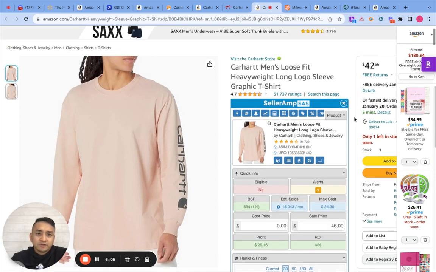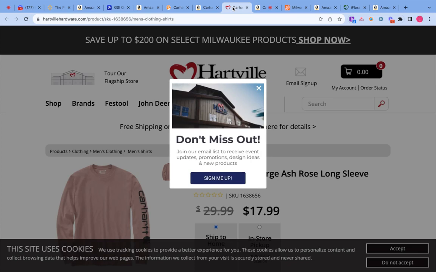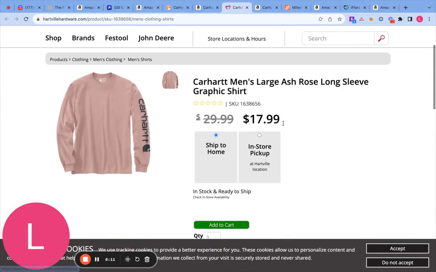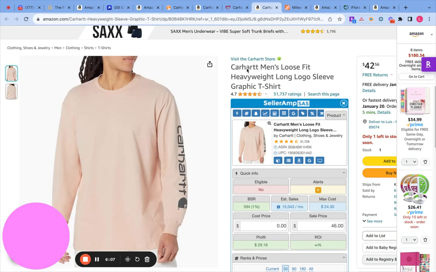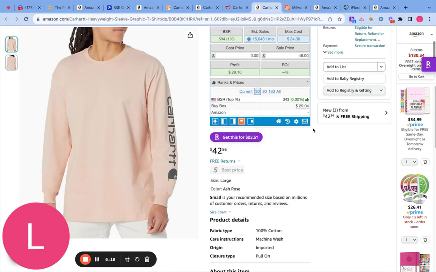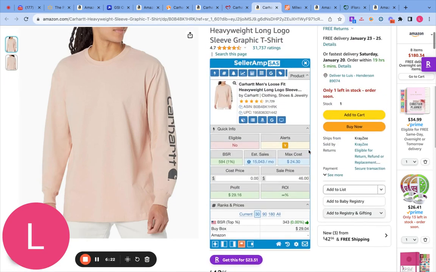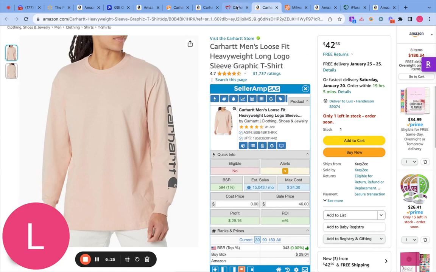Is the sweater from Carhartt. What's the same? Carhartt, size large, ash rose. So ash rose. Okay. Is the color size large? Okay. Same.